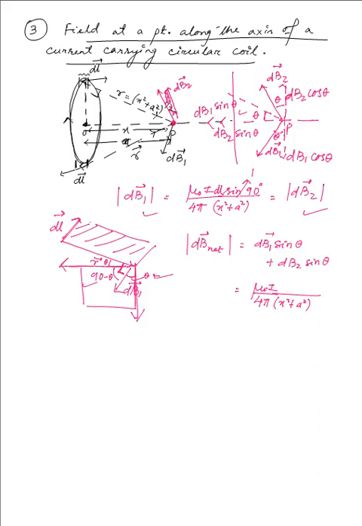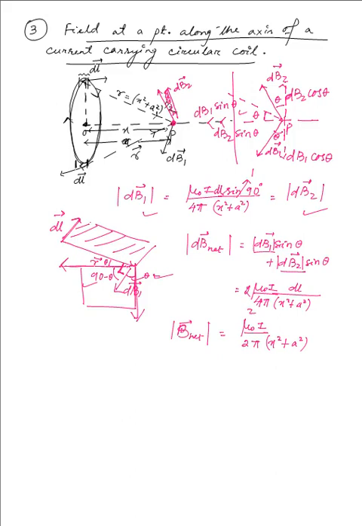And then we have a dl, and then we have the factor 2, because dB1 and dB2 both are the same, so we are having the factor 2 for them. Now the net magnetic field therefore will be an integration. We'll take the magnitude for now. So this will be the integration, mu naught I divided by 2 pi and x squared plus a squared, as the 2 can get cancelled with the 4.